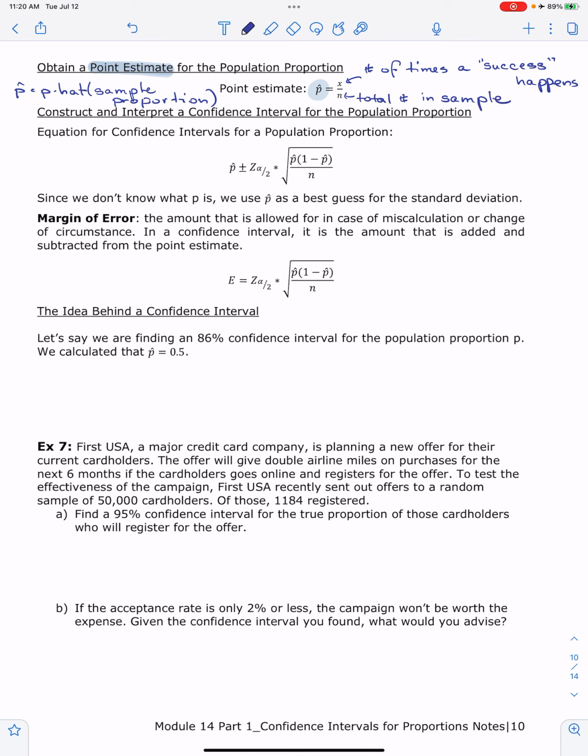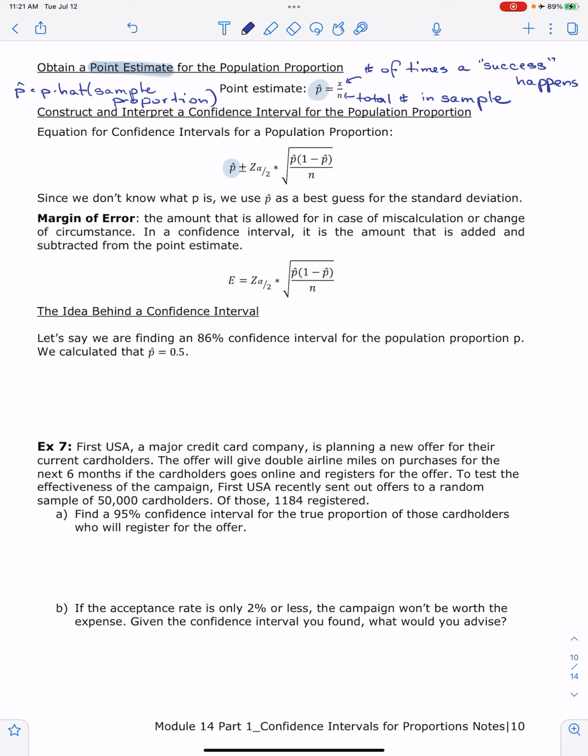Okay. So to construct our confidence interval, our p hat goes right into the middle of our interval. So you notice we have our p hat right here. The plus part is going to give us the upper end of our confidence interval, and the minus part is going to give us our lower end.